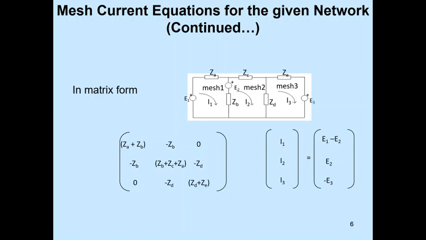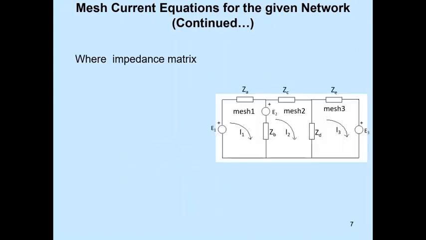In this way we write the mesh equations in matrix form. That is, Z matrix into I matrix is equal to the voltage matrix. According to Ohm's law, V is equal to I into Z. So this is the impedance matrix: ZA plus ZB, minus ZB, 0; minus ZB, ZB plus ZC plus ZA, minus ZD; and 0, minus ZD, ZD plus ZE.